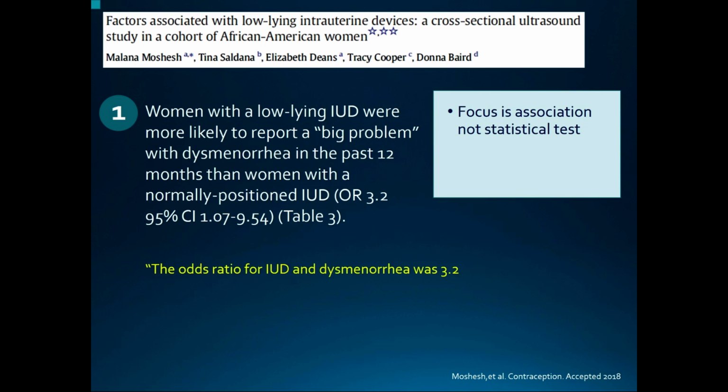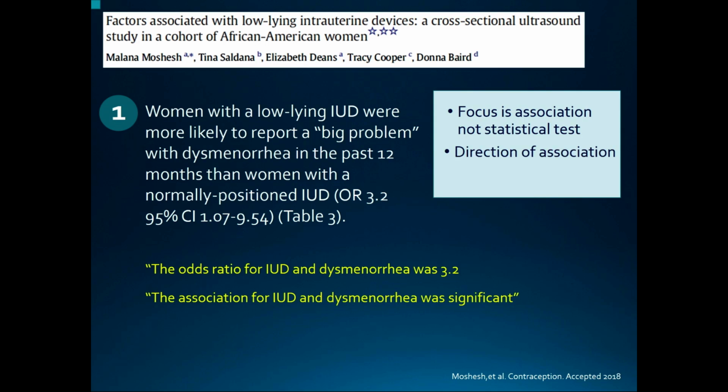If this sentence read, the odds ratio for IUD and dysmenorrhea was 3.2, it wouldn't be nearly as strong because the focus is on the statistical test, which is really just a tool the authors used to find answers. For the same reason, if this sentence read, the association for IUD and dysmenorrhea was significant, it wouldn't be effective. A sentence like this is too focused on the p-value and not enough on the actual questions.